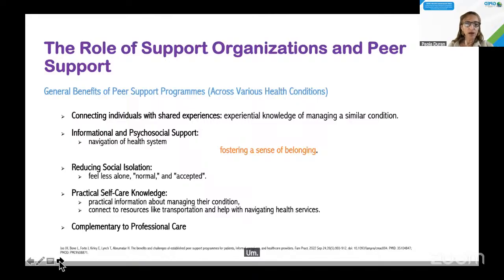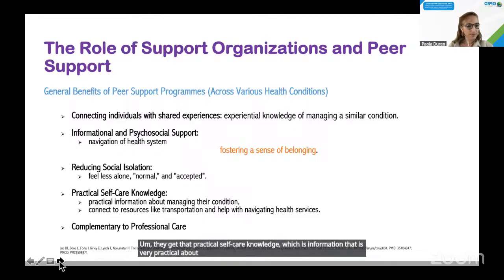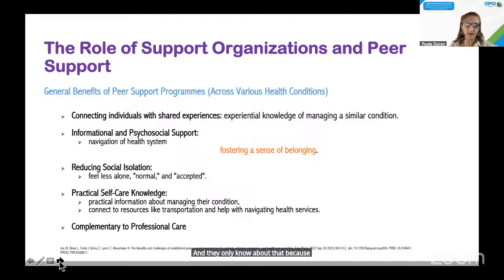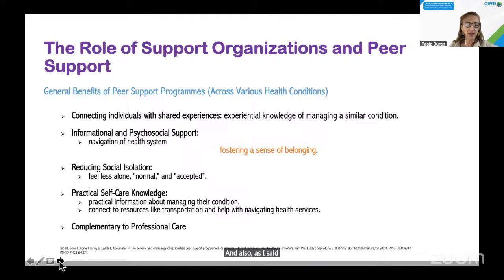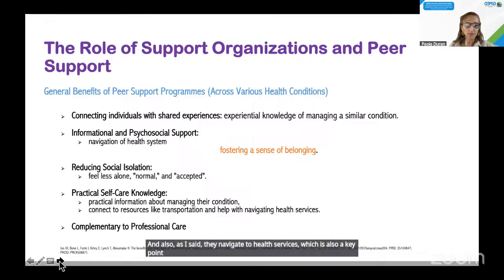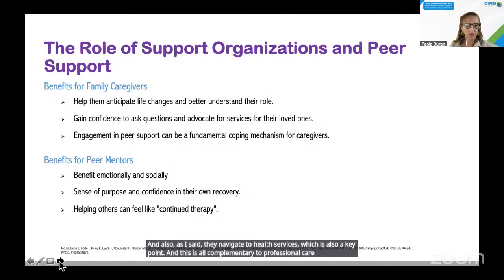They get practical self-care knowledge, information about day-to-day living, and they only know about that because they live with it. And they also connect to resources like transportation, which is a very big issue in many countries for getting to medical appointments. And, as I said, they navigate the health services, which is also a key point. And this is all complementary to professional care.